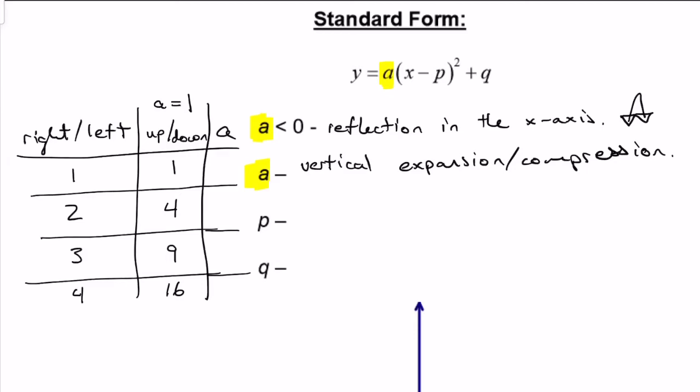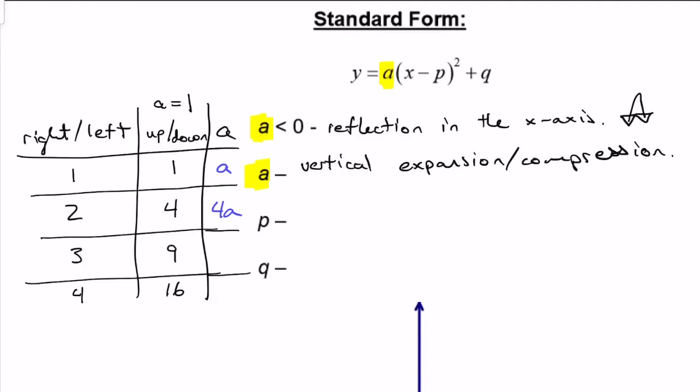If you remember this pattern, how a works is that a just multiplies all of these values up or down. So if I go 1 to the right or left and a doesn't equal 1, then I'm going to go 1 times a, which is a, up, or down if it's a negative. If I go 2 to the right, normally I go 4 up or down, but with an a value I multiply by a: 4 times a is 4a, up or down if it's negative.